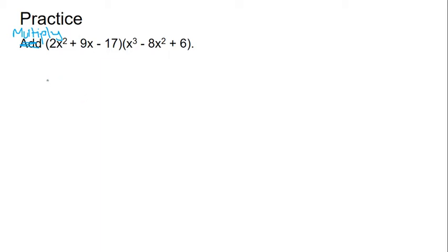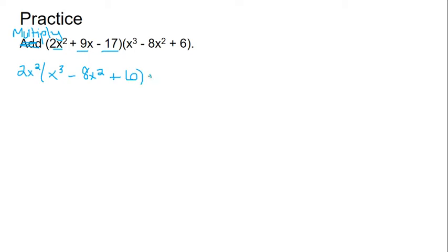Alright, so now that you've tried it, let's go ahead and do it. So remember, our first step is to write them in descending order, which both of them already are. So now we're going to distribute each of our terms from the first one to our second one. So we're going to have our 2x squared times our x cubed minus 8x squared plus 6.